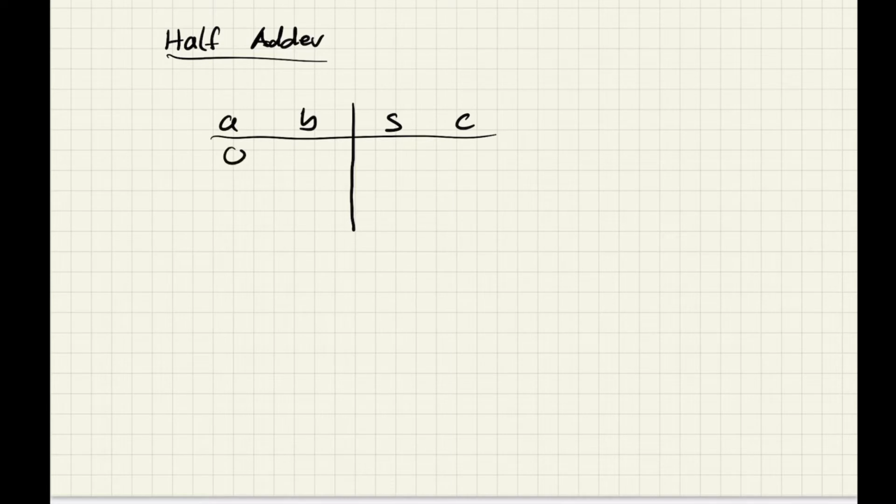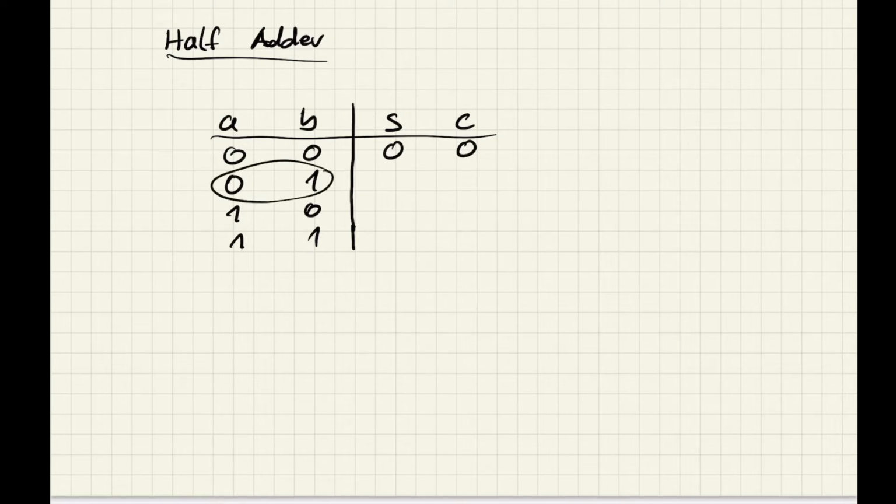And then we just write down here all possible cases and what result we expect. 0 plus 0 gives 0, so we would have here a sum of 0 and a carry of 0.